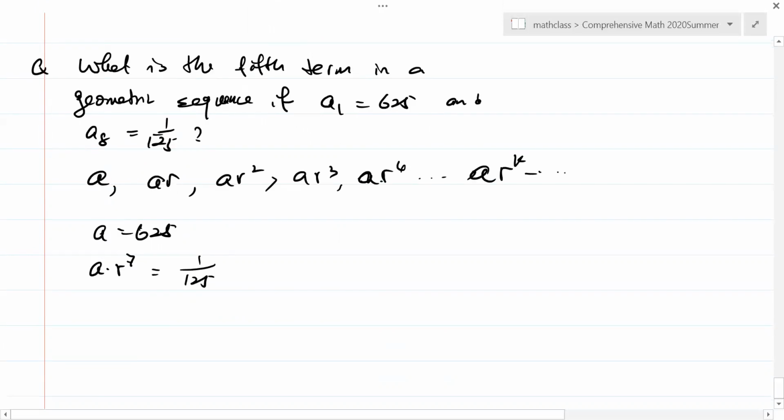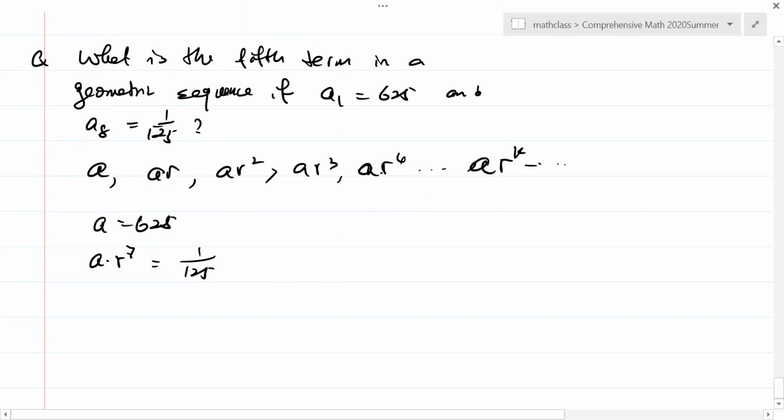Okay. So first of all, 625 is 5 to the fourth power, and 125 is 5 cubed.